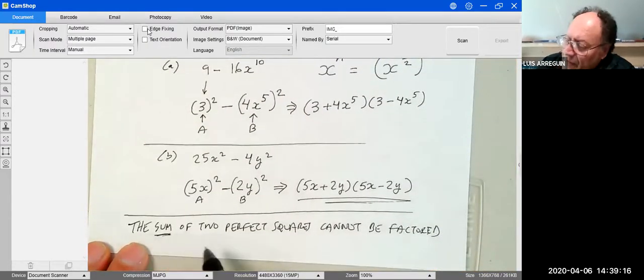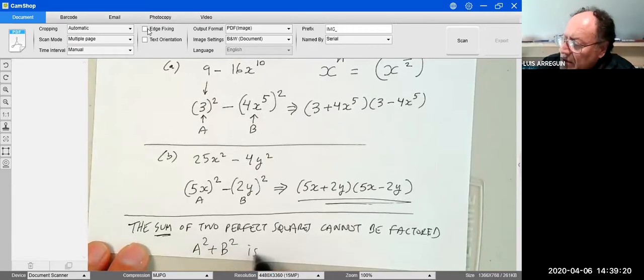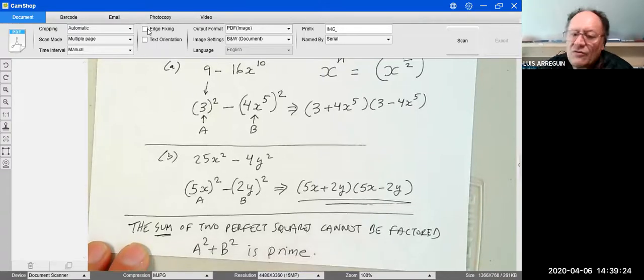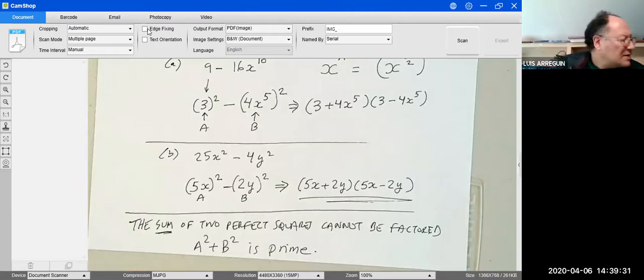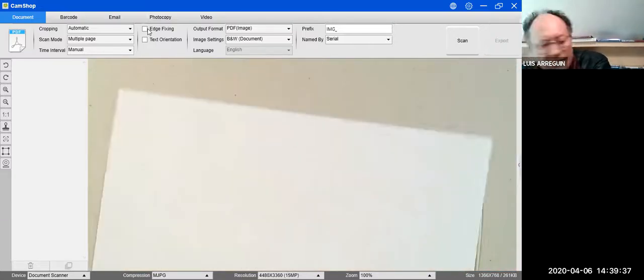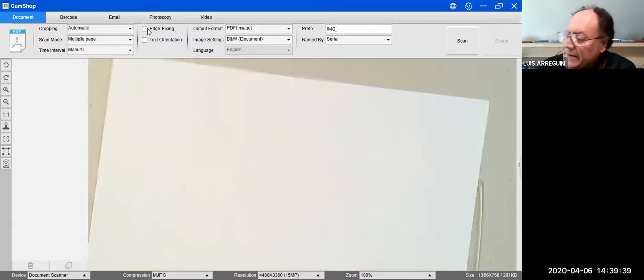If you have the sum, if you have a squared plus b squared, you say that this is prime. You cannot factor the sum of 2 perfect squares, only the difference. So let's work two more examples, and then you're going to practice this.